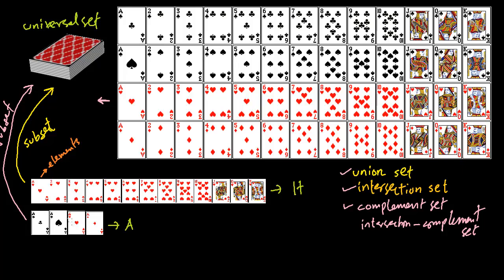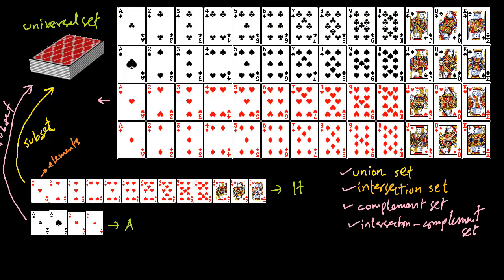That means these will not be affected. These 13 elements in this set, if you remove anything, you can only remove this ace of hearts over here, and whatever is left behind is going to be the new leftover set, the intersection complement set.